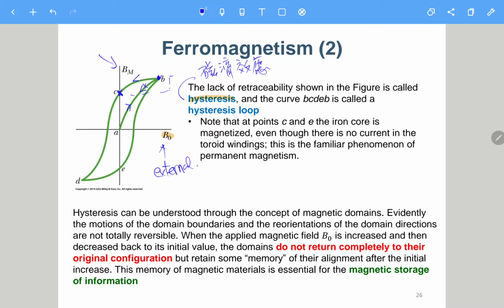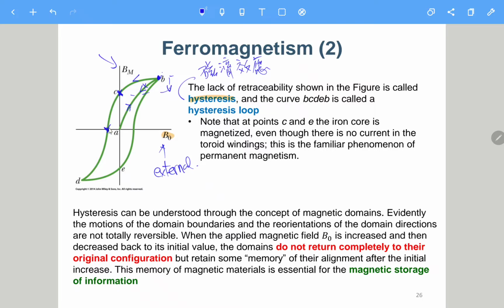At least it remembers the direction of the magnetic field is pointing to the positive direction. So you need to reverse the B external up to this point to really reset the ferromagnetic material.